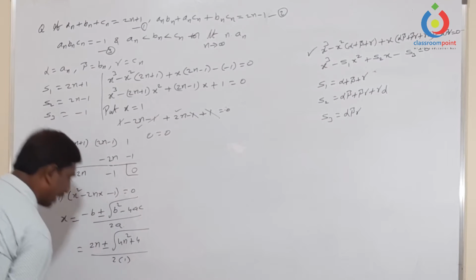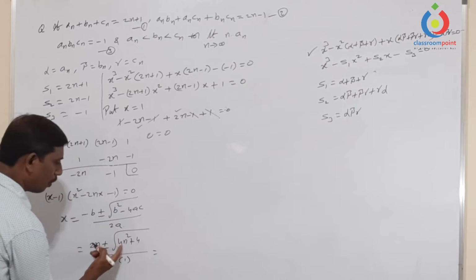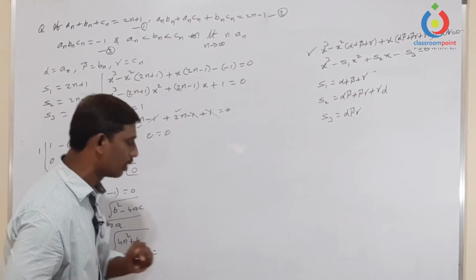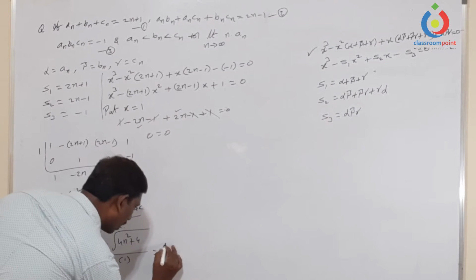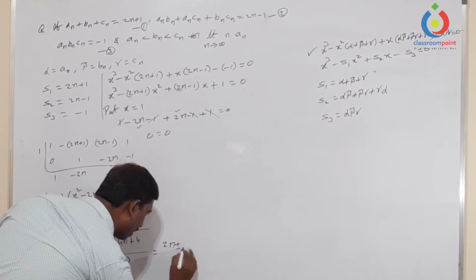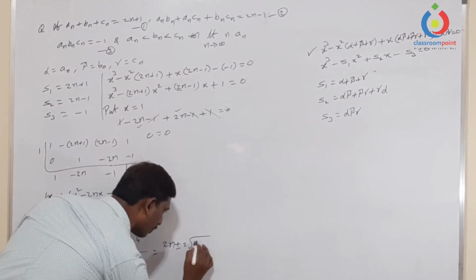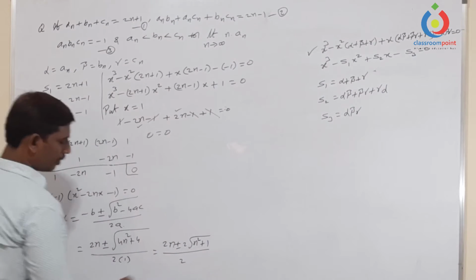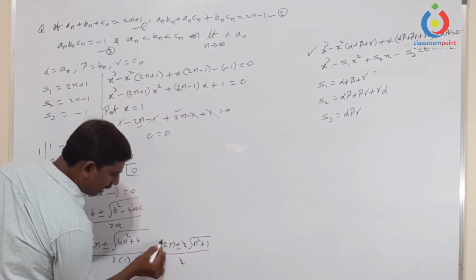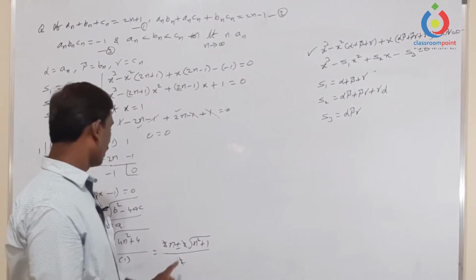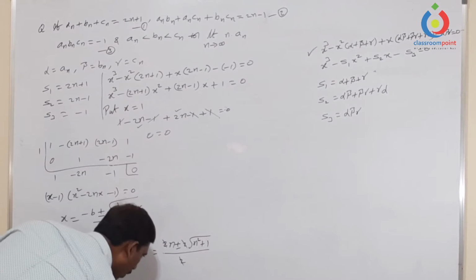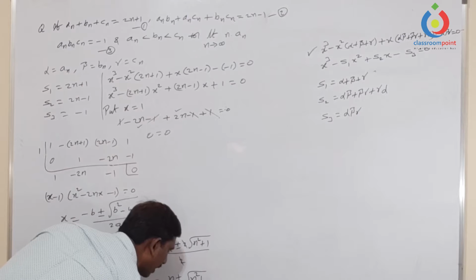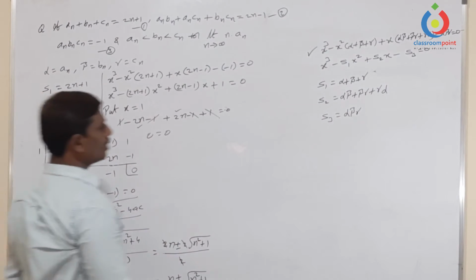Then we can take 4 from the root outside, it becomes 2. Then here we have 2n plus or minus 2 into under root of n square plus 1, whole divided by 2. The 2 takes outside, and the 2s cancel. The remaining is n plus or minus square root of n square plus 1. That means what do we have here?